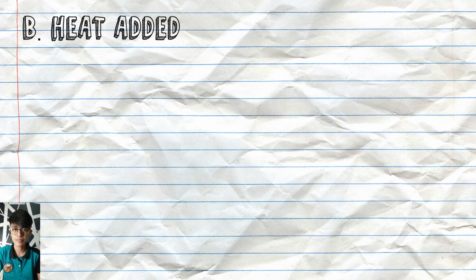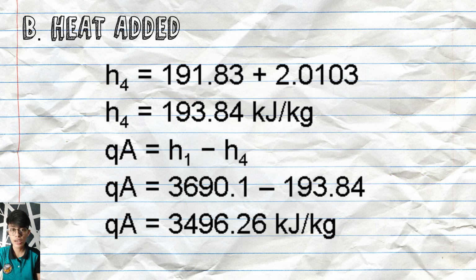The next one is letter B, heat added, or QA. The formula for this is QA, or heat added, is equal to H1 minus H4. Since H4 is not given, we have to compute it using the formula H4 is equal to H3 plus the pump work. Substituting the given, H4 is equal to 191.83 plus 2.0103, which is equal to 193.84 kilojoules per kilogram.